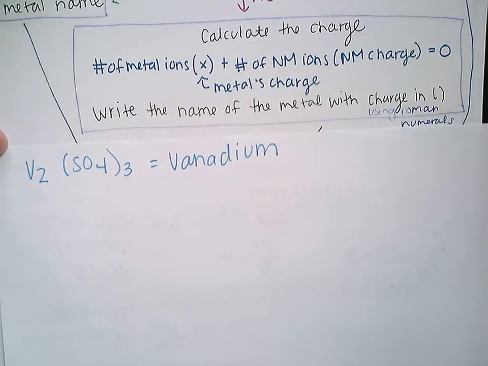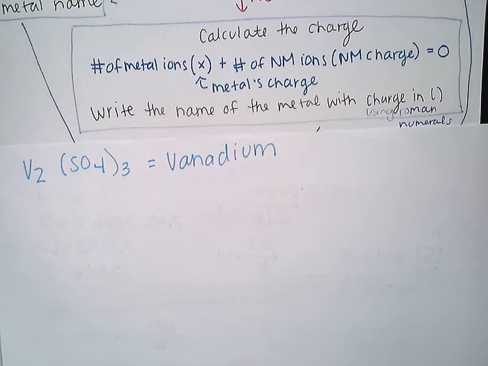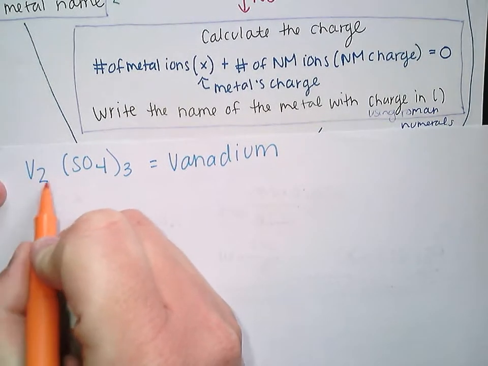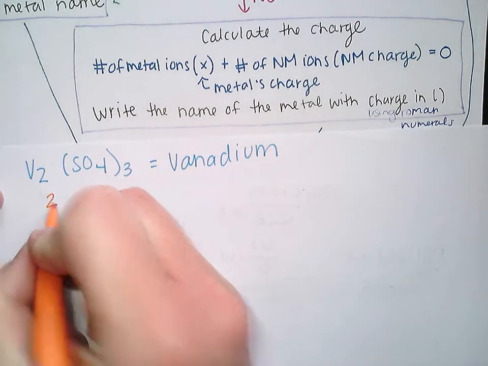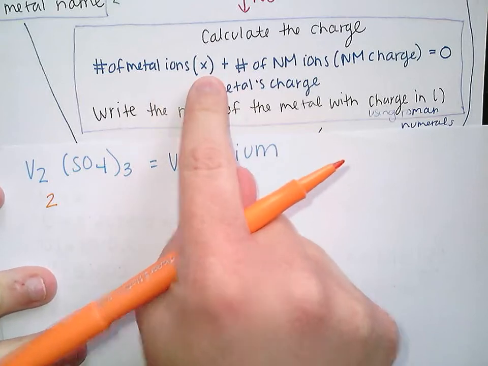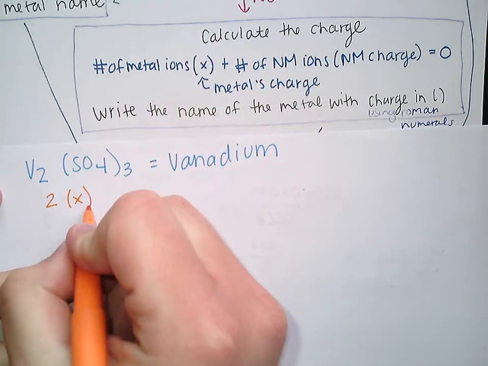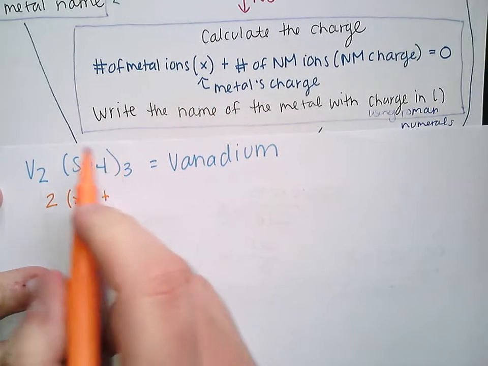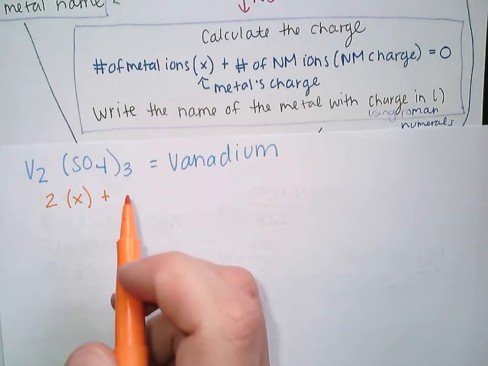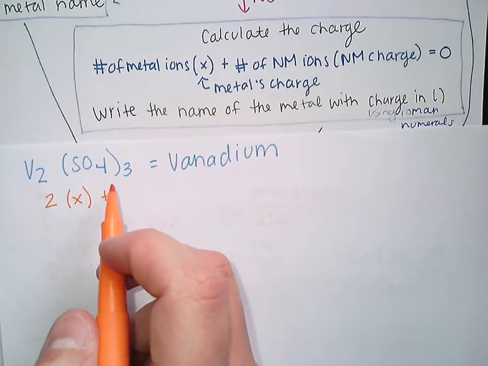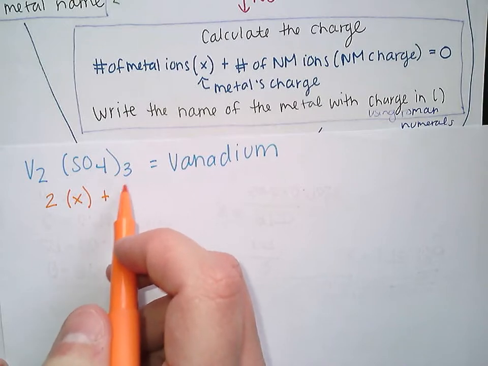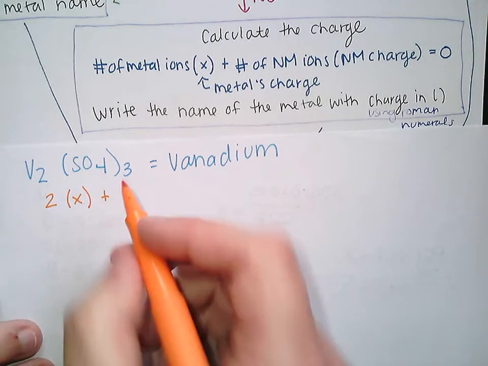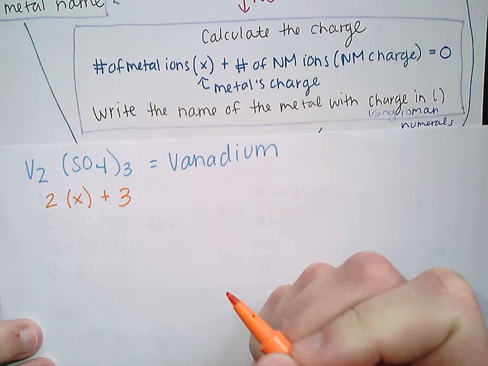And now let's look at calculating the charge there. So I'm going to look at how many metal ions I have, which is 2. I'm going to put 2 down, x, because I don't know the metal's charge yet, plus how many non-metals I have. Remember, when we're talking polyatomics, the how many is the number outside of our parentheses. So I have 3 of those here.